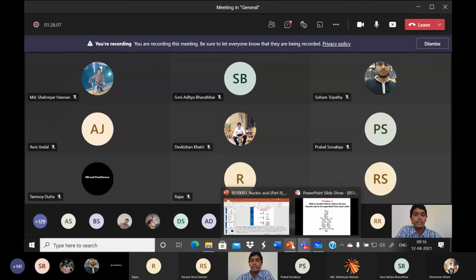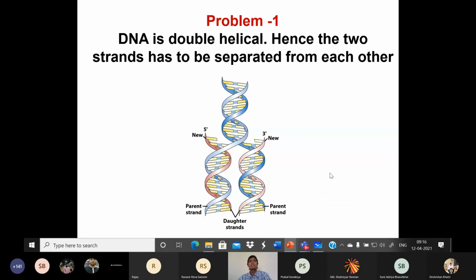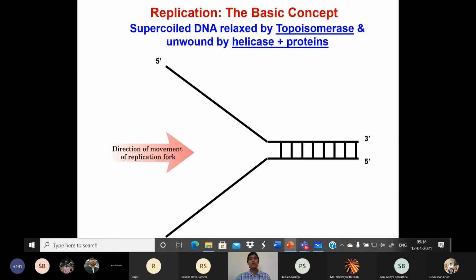So here, DNA is double helical, hence the two strands have to be separated from each other. How does it happen? Inside the body we cannot increase the temperature. In this part you can see the double stranded structure. We are not showing the helix yet.